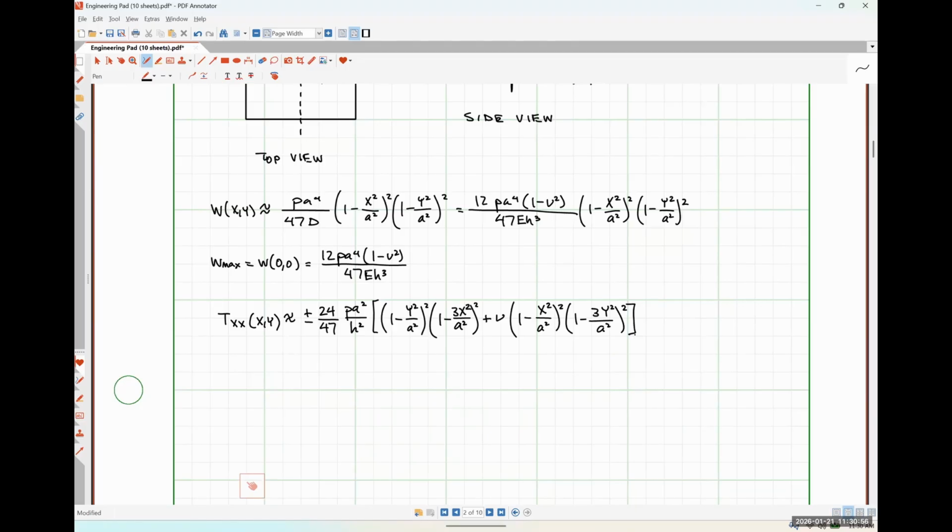Close this off. So this is our normal stress in the x direction. Our normal stress in the y direction is going to be essentially the exact same thing, but I'm going to write it out, except we're just going to swap x and y.